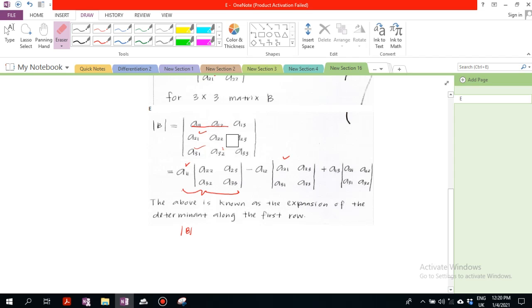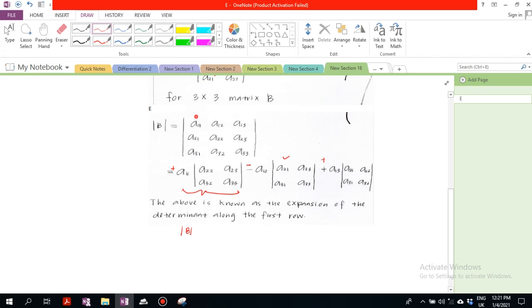So, big question marks. People ask about the negative and positive. Why here is positive? Why here is negative? The idea is, before you start the determinant, you can put the positive negative signs first.